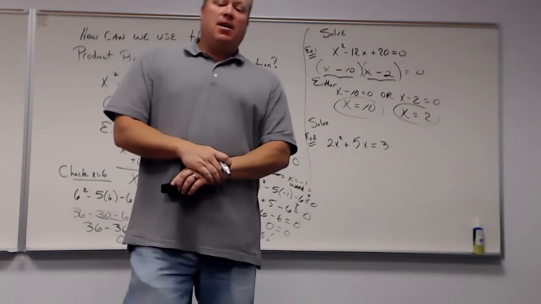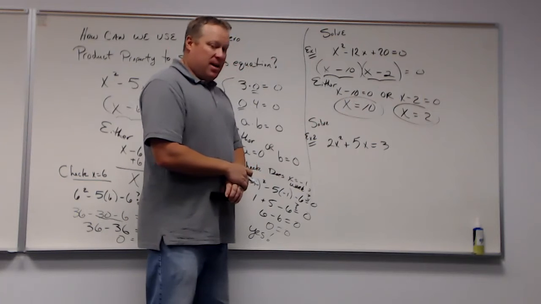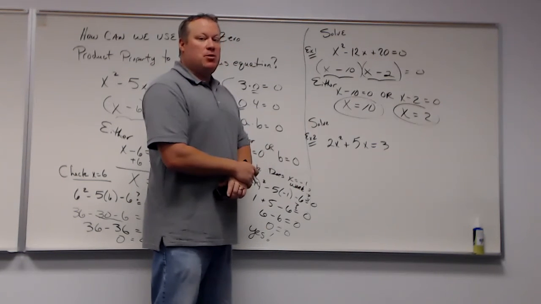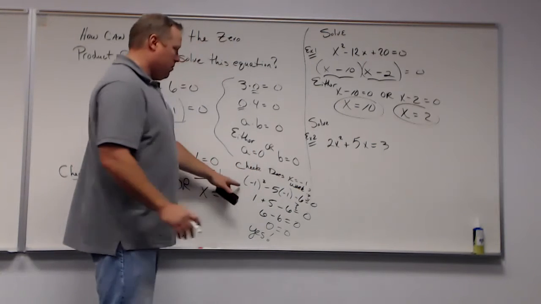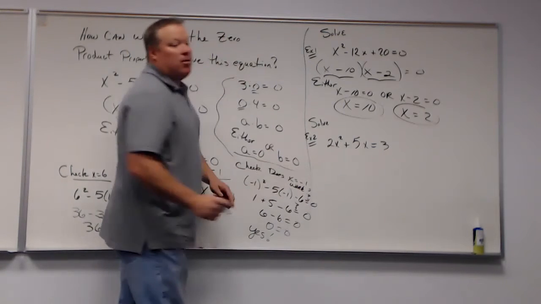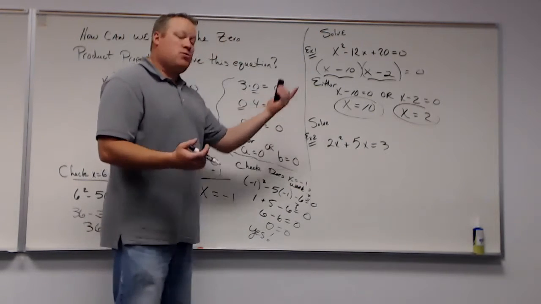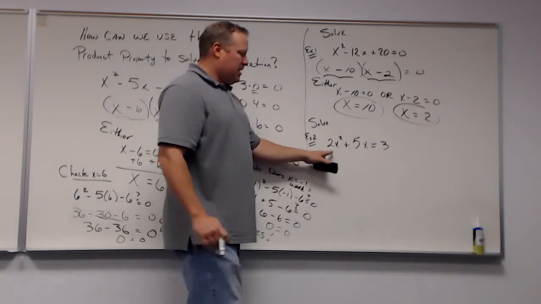For time's sake, I'll tell you they both work, but on a test or future homework, even your lab assignment today, I'm going to be asking you to check all your answers. So the check will be mandatory for every problem, because again, sometimes you have one solution or two solutions.